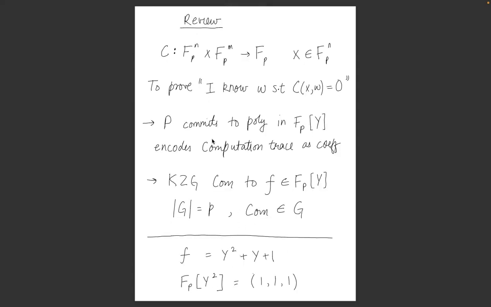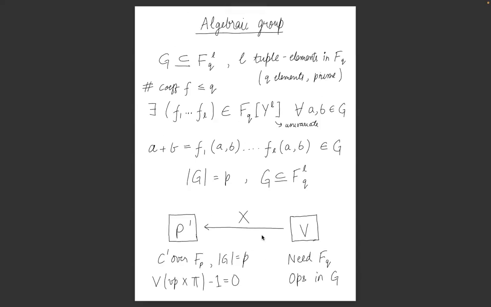In a proof system, the prover commits to a polynomial in FP, and it needs a group of order P. But for the verifier to verify the circuit and generate the verifying circuit, it needs to do the operation in that same group G, and that leads to a circuit which needs a group of order Q. If we use the same prover from before, this should be FQ here.